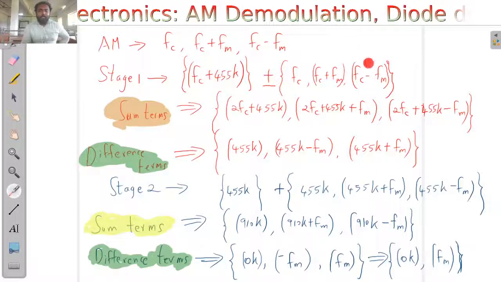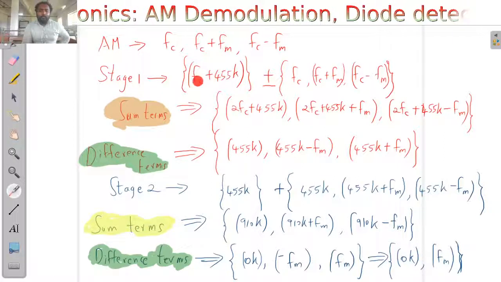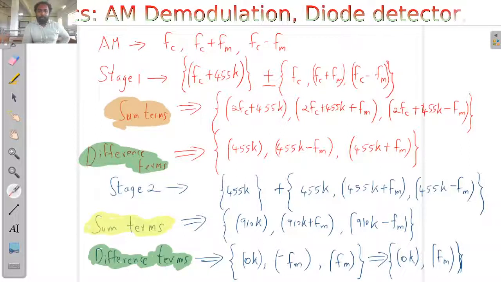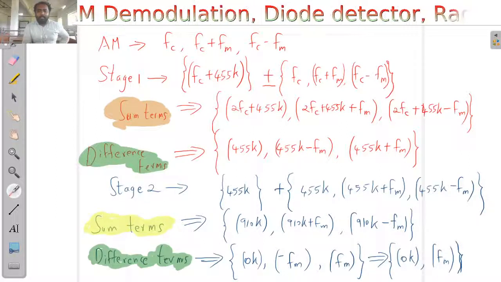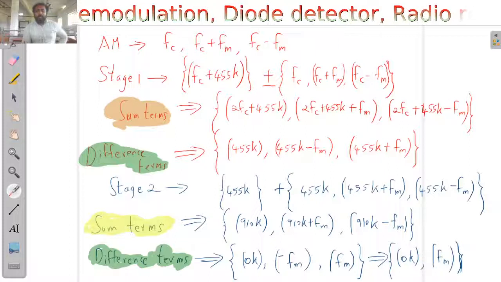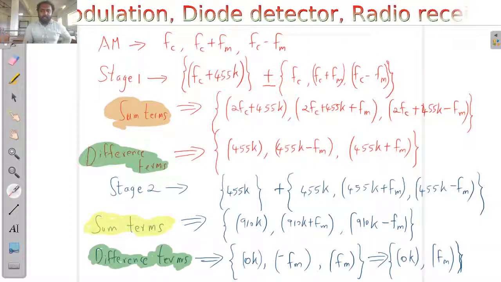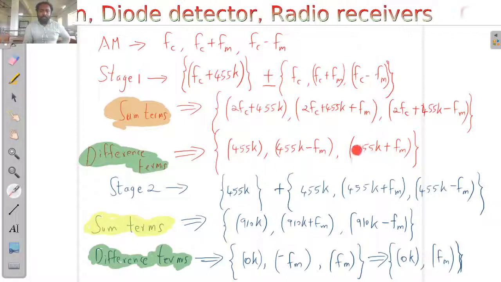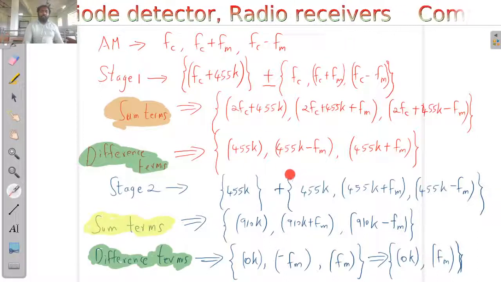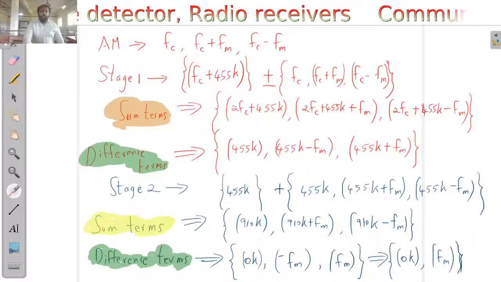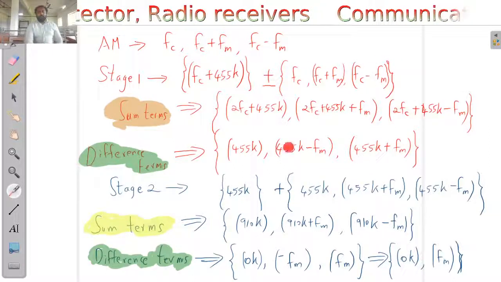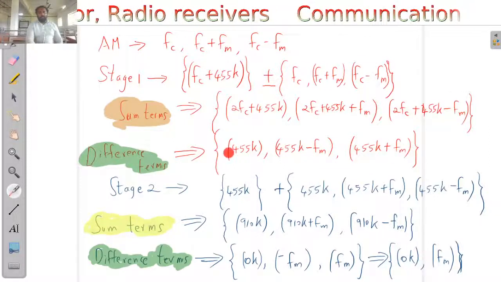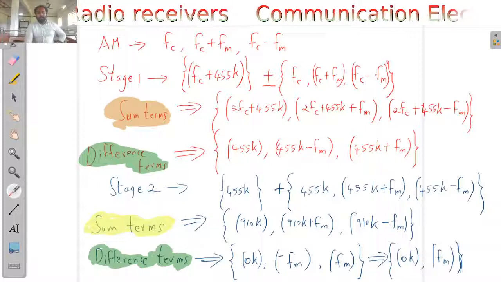And when you subtract Fc minus Fm from Fc plus 455K, the Fc's get cancelled and you just get 455K plus Fm. So these three are the difference terms. We will be using only these three terms for further processing, that is in the case of stage 2. These three terms are called intermediate frequency components.